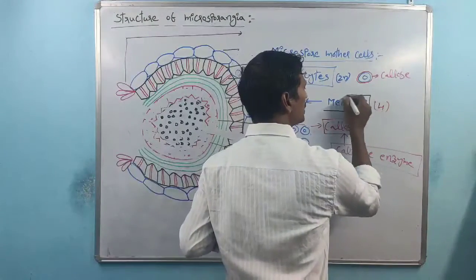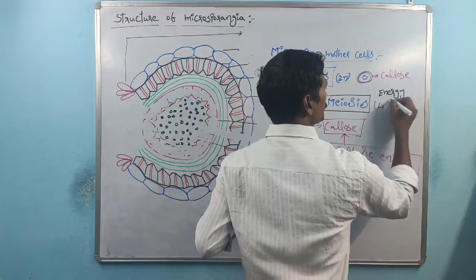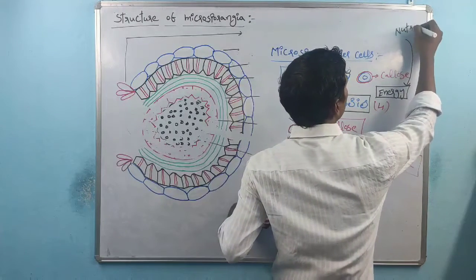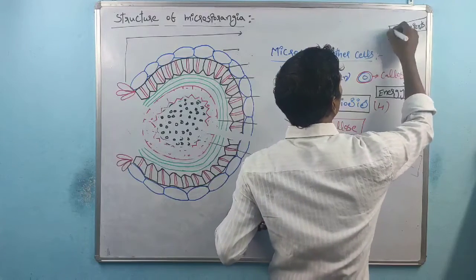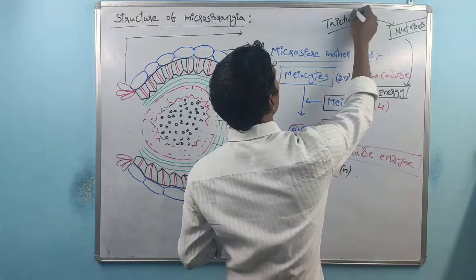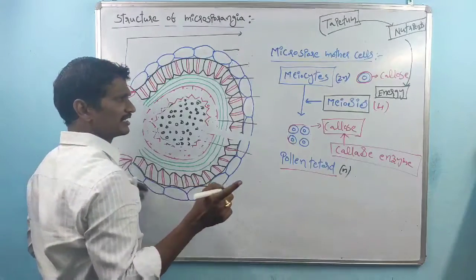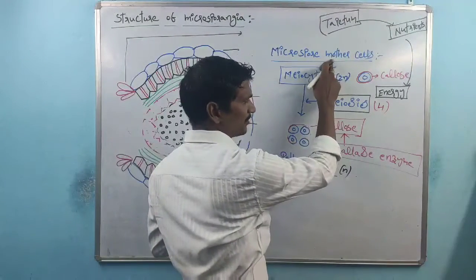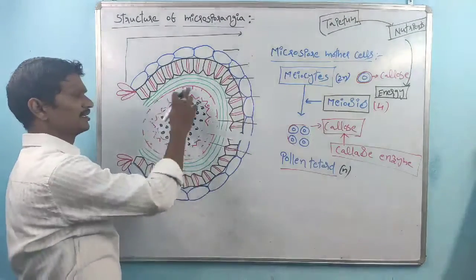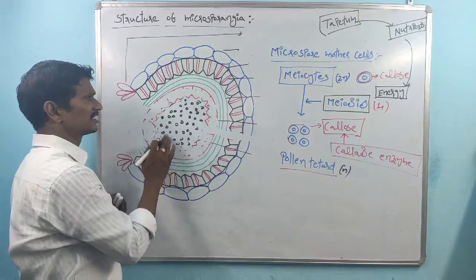The microspore mother cells undergo the meiosis process, and meiosis requires energy. That energy is supplied by the nutrients, and the nutrients are supplied by the tapetum. That energy is utilized by the microspore mother cells, which undergo meiosis and produce the pollen grains. So after the nutrient supply, the tapetum cells are degenerated.